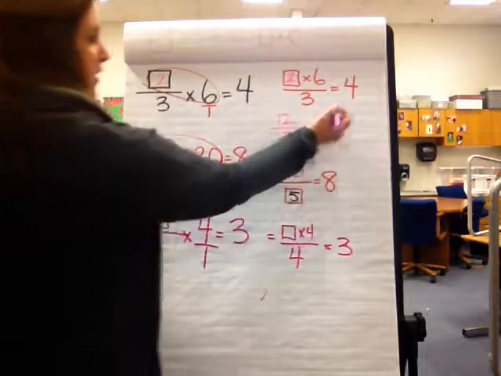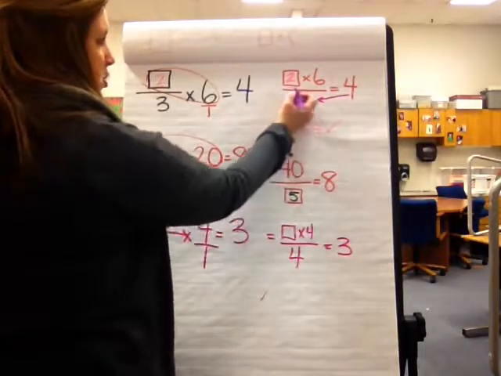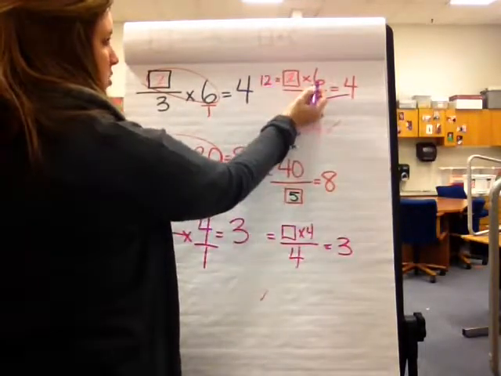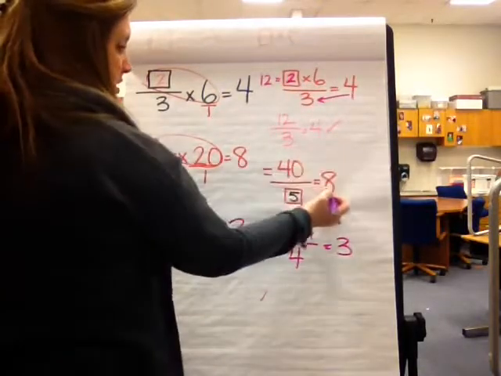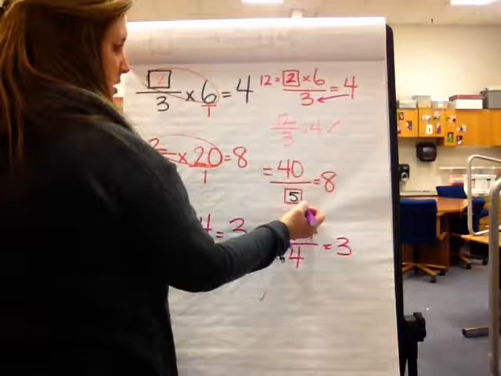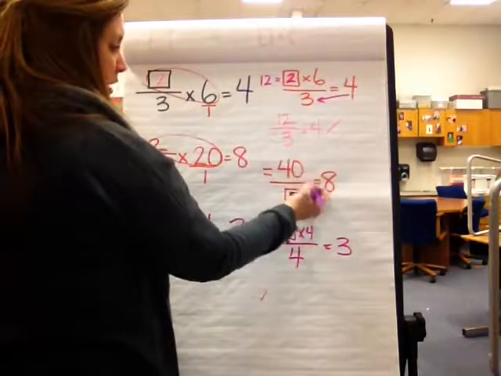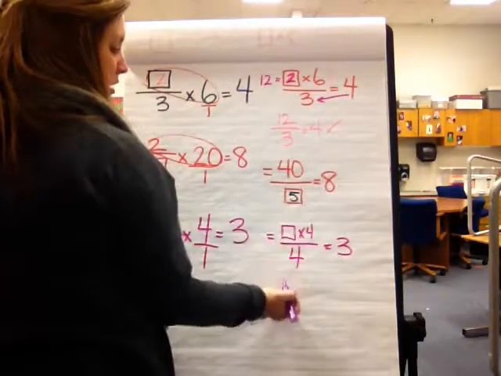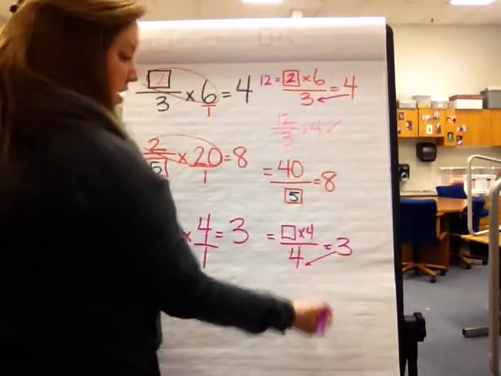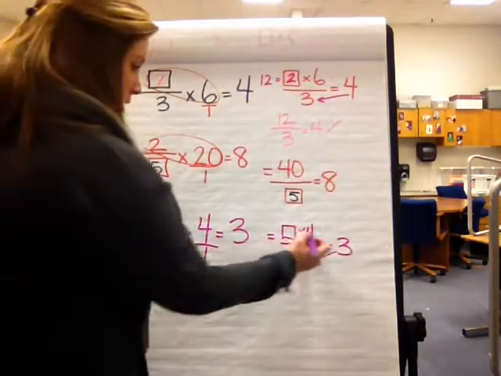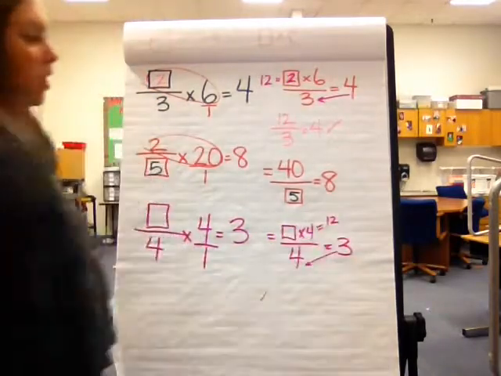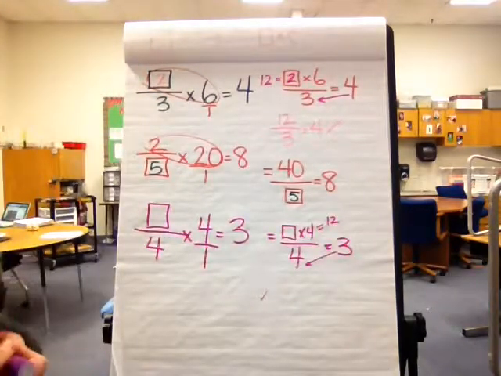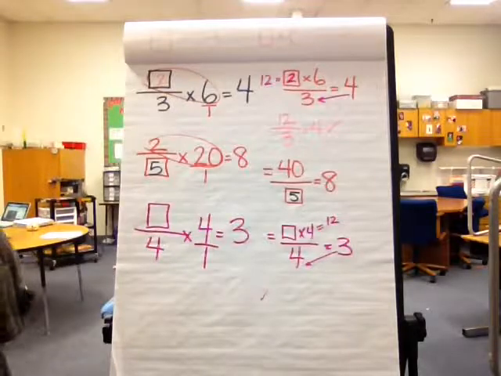So just like before, 4 times 3 is 12. This has to equal 12. So 6 times what got me 12? 2. Here's this one. 8 times something is 40. Well, we know that 8 times 5 is 40. So now we go this way. What's 3 times 4? 12. So that must mean something times 4 is 12. What times 4 is 12? 3.